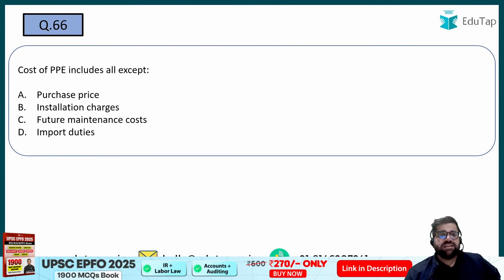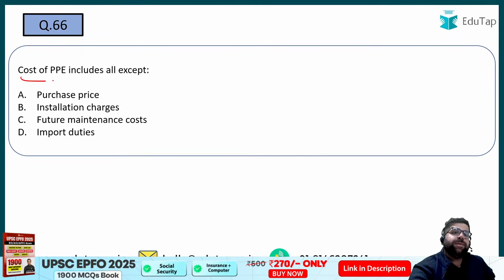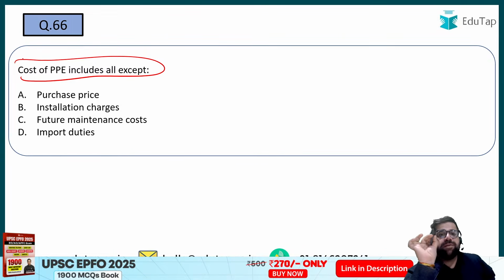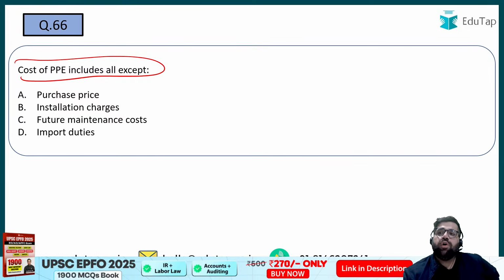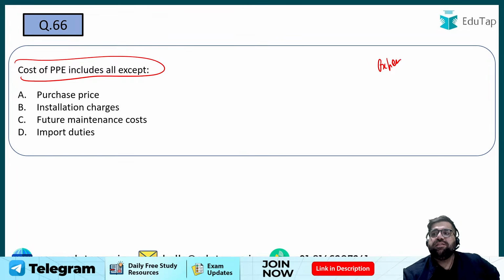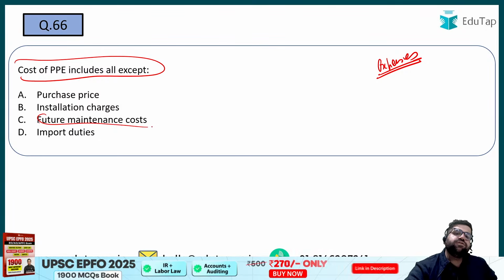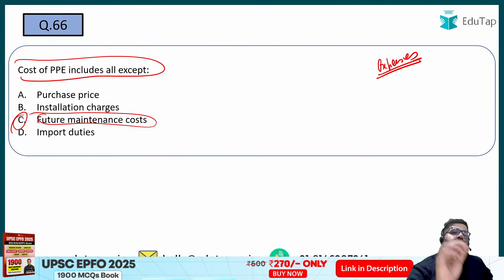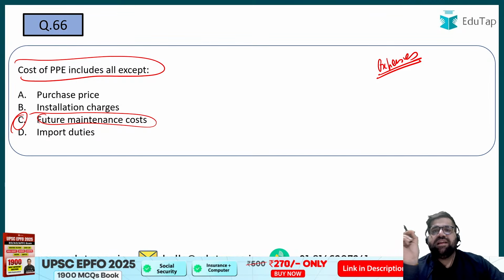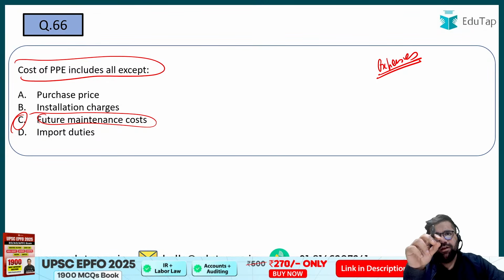चलिए, question number 66. Cost of PPE includes what? Cost of PPE includes all the expenses which you have done on that particular asset. So it will include all the expenses, not just one particular expense which is left. But I will not be taking any future maintenance cost until and unless that particular future maintenance cost is adding value to the machine.